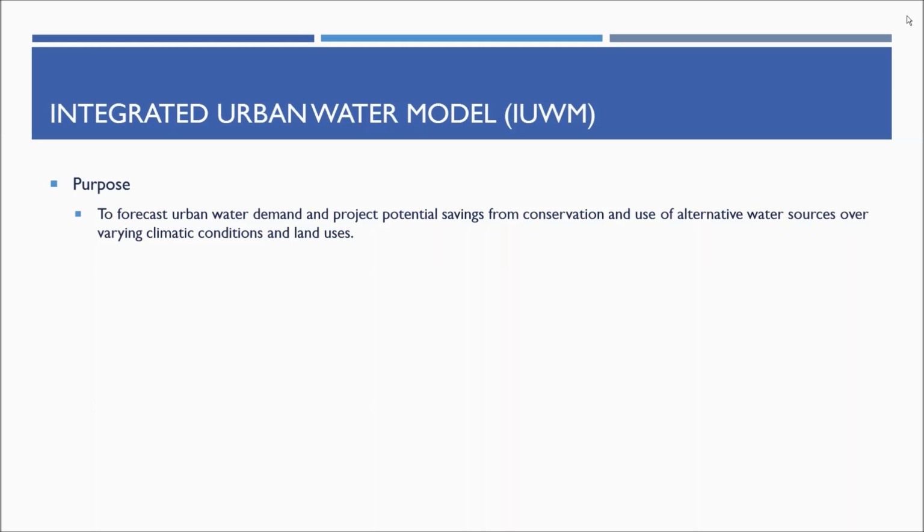So the Integrated Urban Water Model was developed to forecast urban water demand and project potential savings from conservation and use of alternative water sources under varying climatic conditions and land uses.